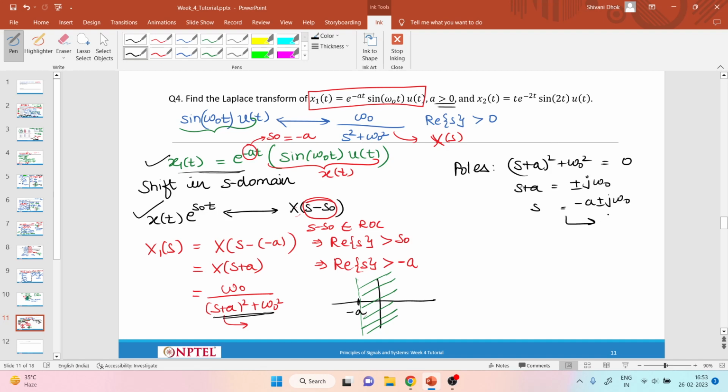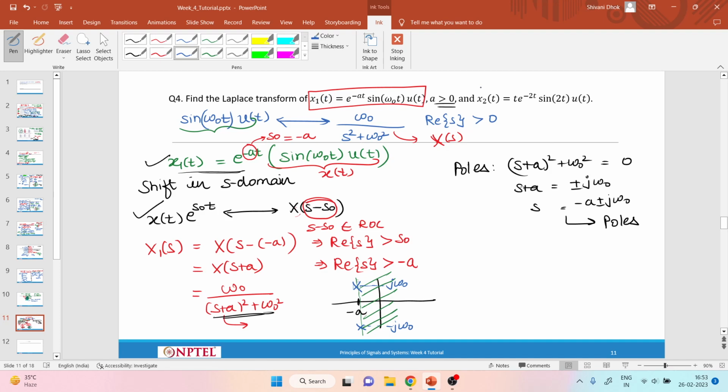These are the poles of this Laplace transform, and I can mark them something like this: this is my j omega naught, and this is my minus j omega naught. So this is the Laplace transform of this signal x1 of t, e power minus at sine omega naught t u of t.